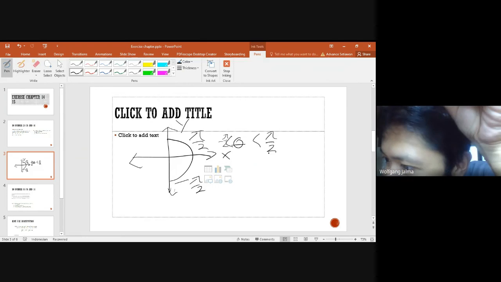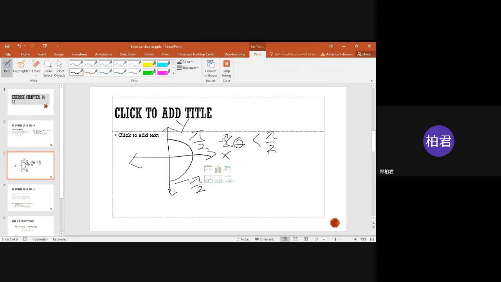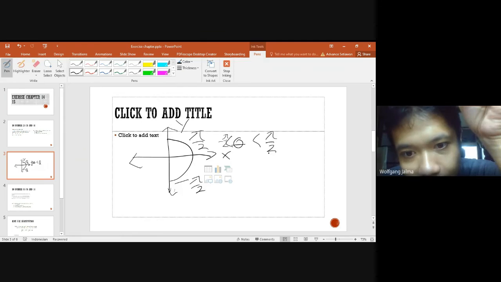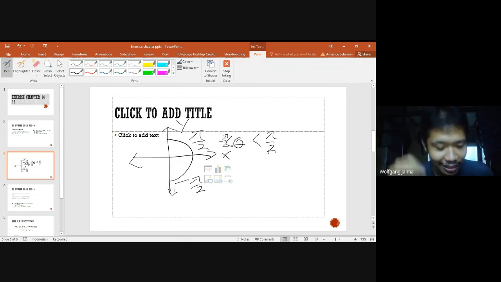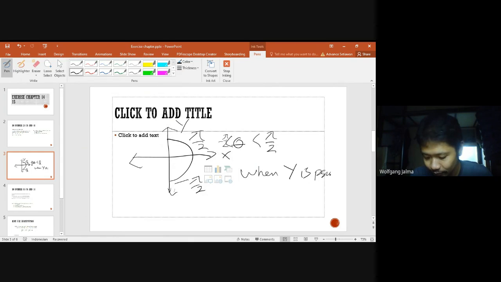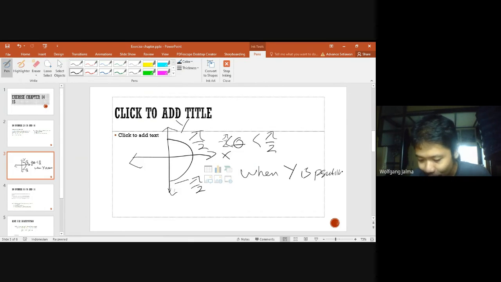Is it clear? Can I say it's from 0 to 180 degrees? No. Because if you say 0 to 180 degrees, it is when y is positive. Well, in this question, y can be negative, right? Because you see that y is from minus 2 to 2.